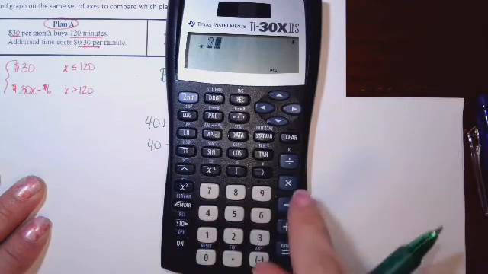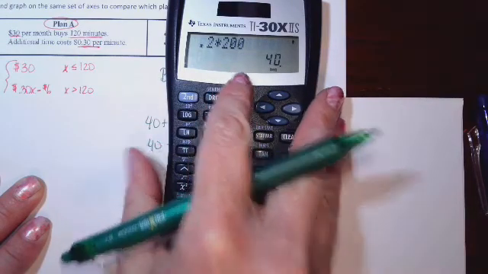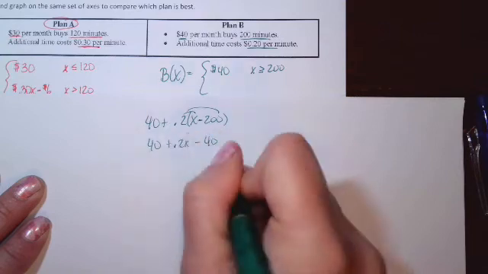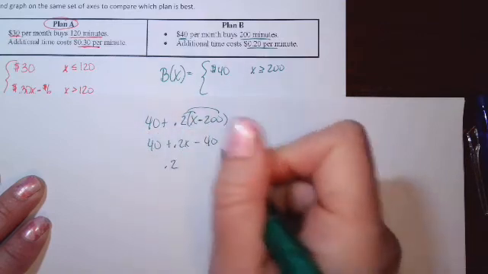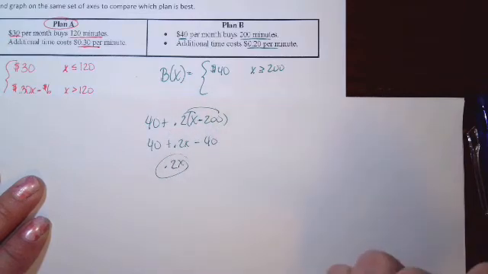We've got 0.2 times 200 minutes. That's a negative 40, right? So minus 40. So the 40 and 40 cancel.